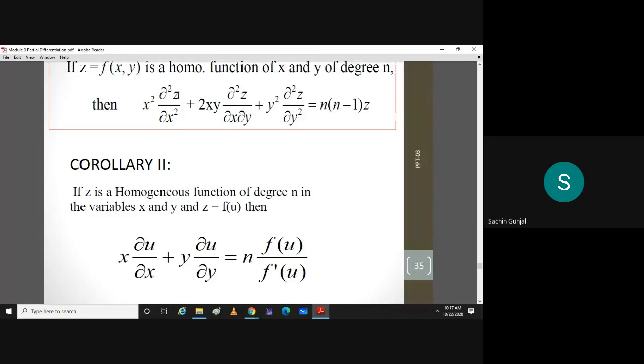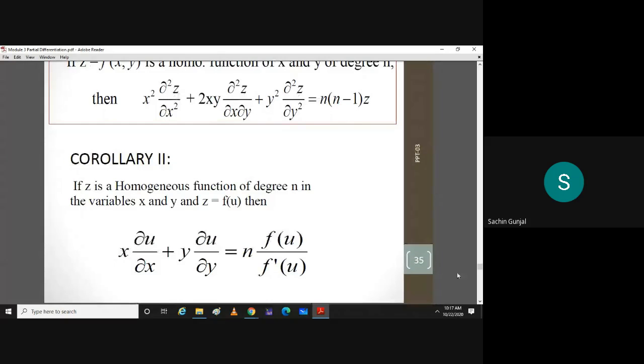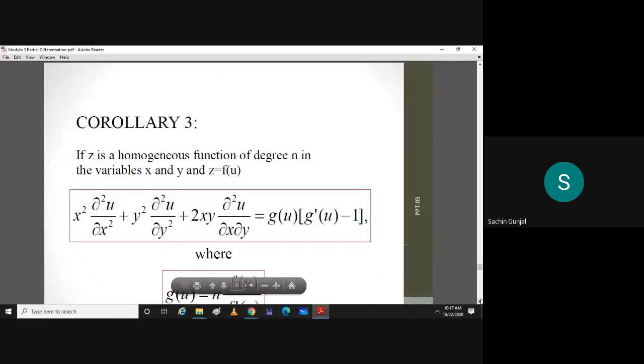Now here u is non-homogeneous. This corollary starts with u being non-homogeneous, but there is a function f of u which is homogeneous, and for that function we are writing this. You got the difference?